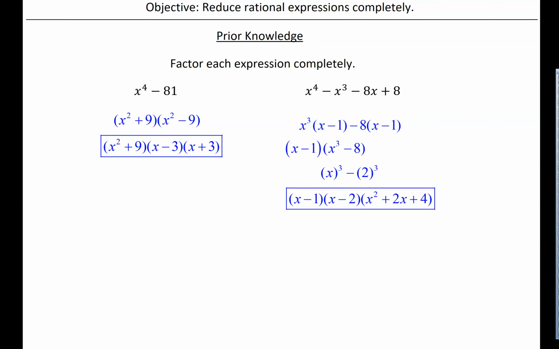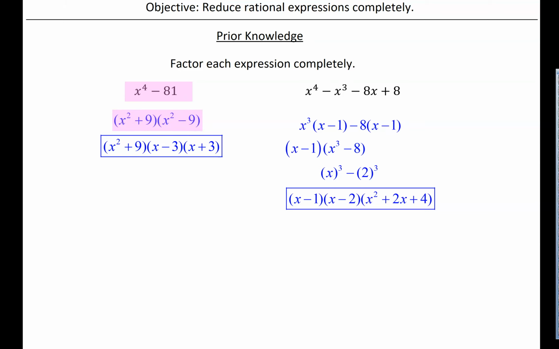Some of our higher degree polynomials that we have learned how to factor are shown here. So we have, for example, a higher degree binomial, x to the fourth minus 81. And that is a difference of two squares, which we know will factor into conjugate factors, shown here.